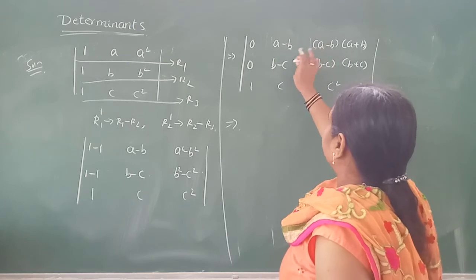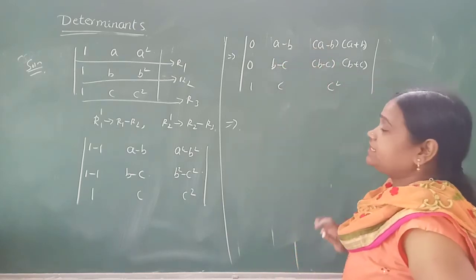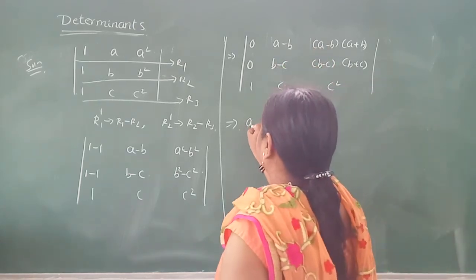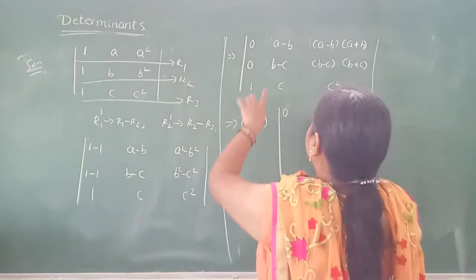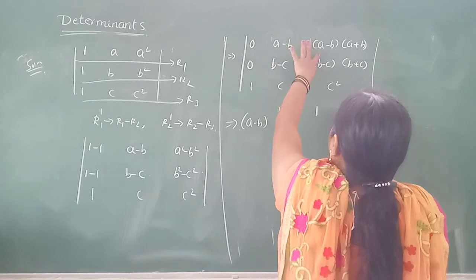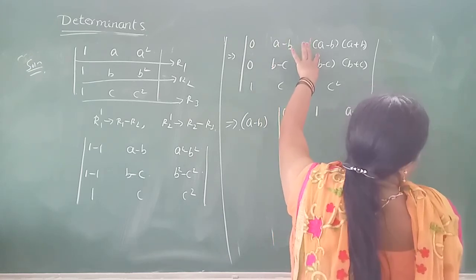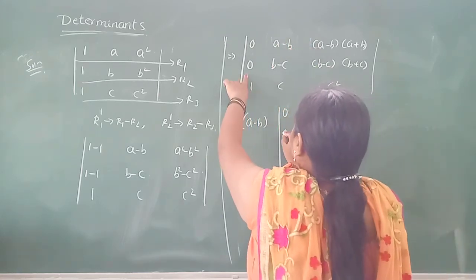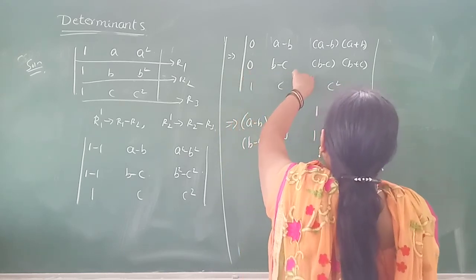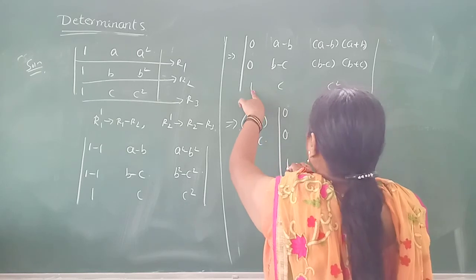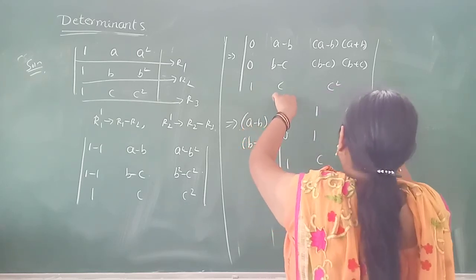A minus B is common in the first row, and B minus C is common in the second row. Taking A minus B common, the first row gives 0, 1, and A plus B is left. Taking B minus C common in the second row, we get 0, 1, B plus C, and 1, C, C square.